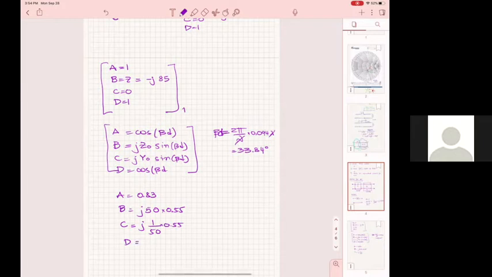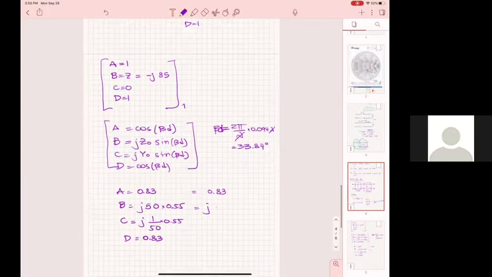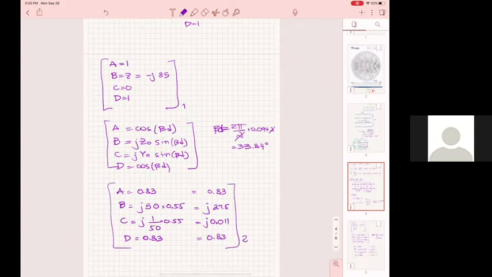And D is the same as A, 0.83. And that's the ABCD matrix for network 2.